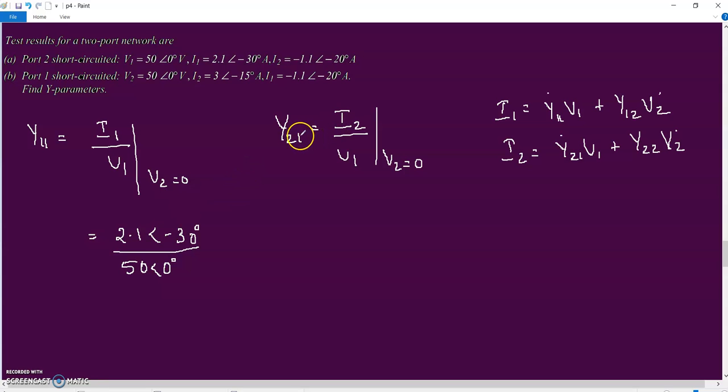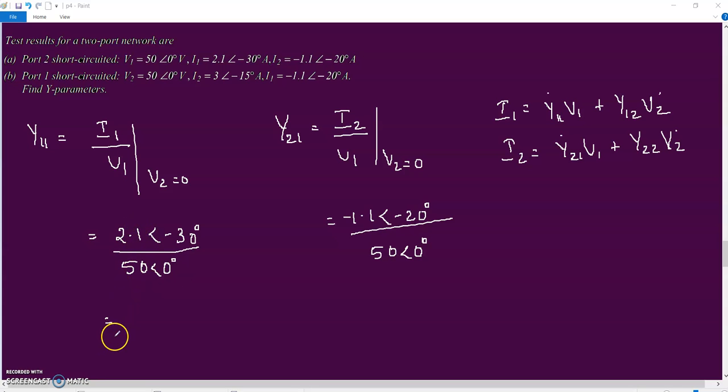Okay. And Y21 is I2 by V1 at V2 equal to 0. I2 is given as minus 1.1 angle minus 20 degree divided by V1, which is again 50 angle 0 degree. Now calculate both.